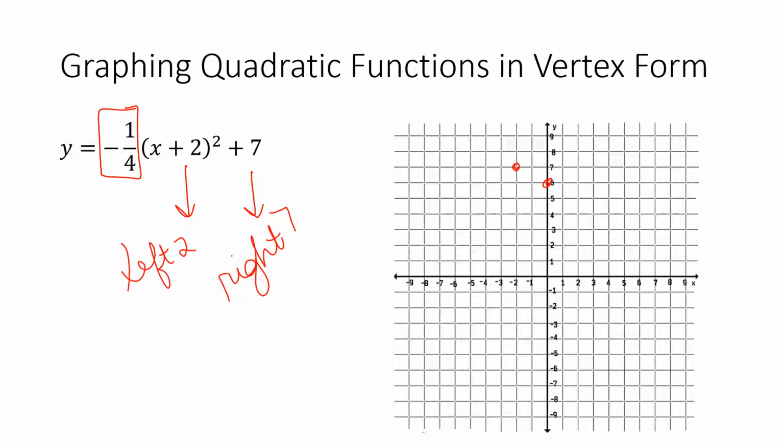From there, over 3, up 9. If you divide by 4, you get a decimal, so we'll skip that one. And let's go over 4. Typically, you would go over 4, up 16. 16 divided by 4 is 4. So we're going to go over 4, 1, 2, 3, 4, down 4, 1, 2, 3, 4, because it's negative.